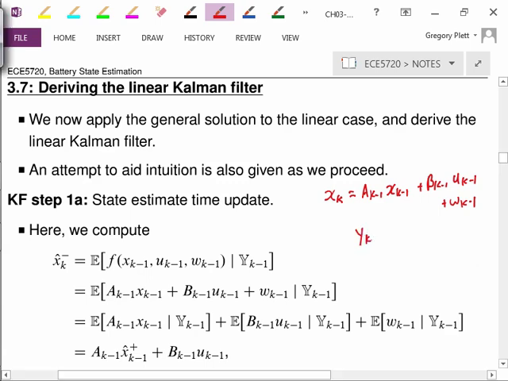And then we have the output yk equals ck xk plus dk uk plus vk, and vk is a sensor noise that does not influence the state.